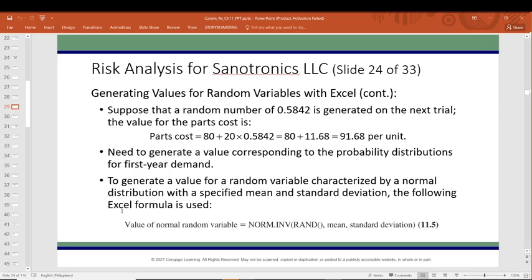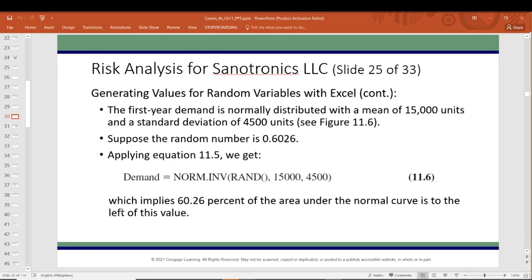So we need a procedure for generating the first year demand from computer-generated random numbers, because the first year demand is normally distributed with a mean of 15,000 units and a standard deviation of 4,500 units. We need a procedure for generating random values from this normal probability distribution.